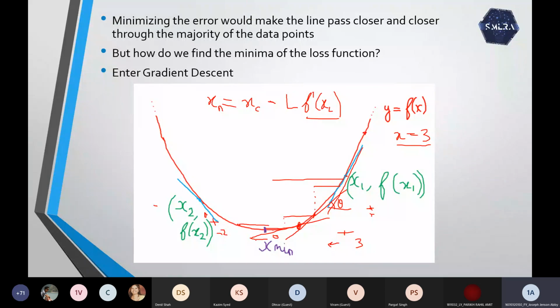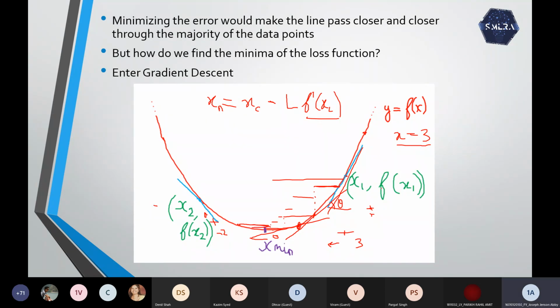Gradually the slope is decreasing, which means your f dash xc is decreasing, so your step size is also decreasing gradually. First your step size will be big, then smaller, smaller, and eventually it will reach your minima. If it is too big, you will not reach your minima. You'll just run through the minima.